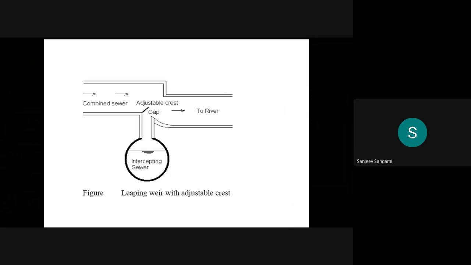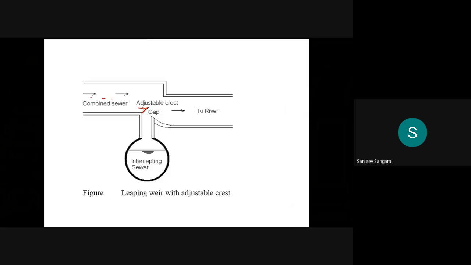In this section you can see a combined flow which is happening. They will make one small adjustable crest here. Whenever the combined flow comes, it hits this crest.